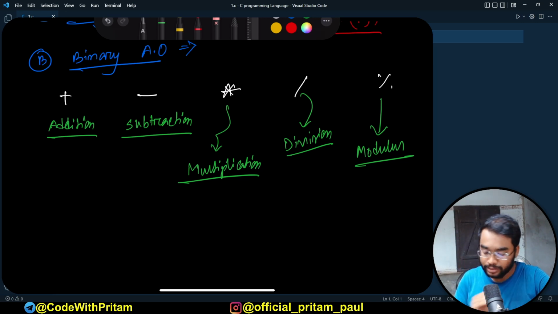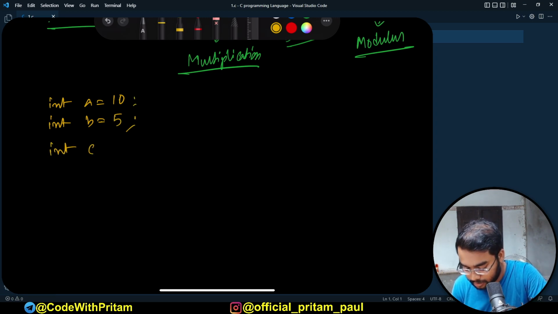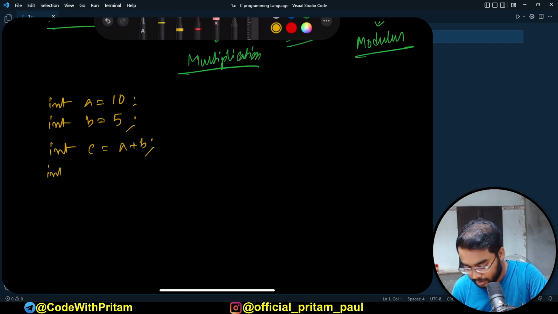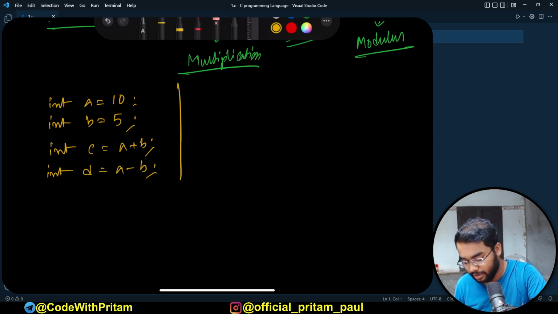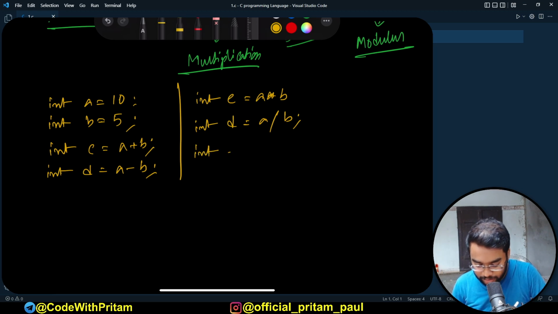Now exactly what does modulus mean? We are going to discuss them one by one. If I take int a = 10 and int b = 5, and I write c = a + b, int d = a - b, int e = a * b, int f = a / b, and int g = a % b.